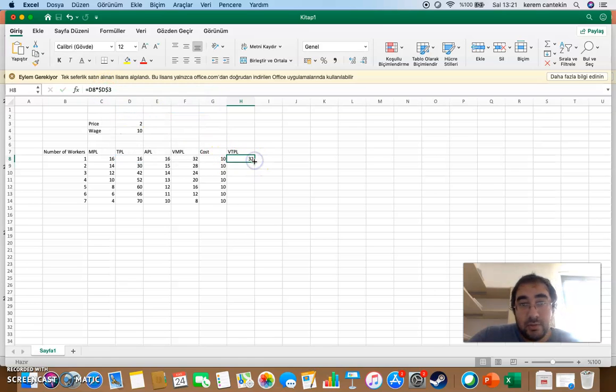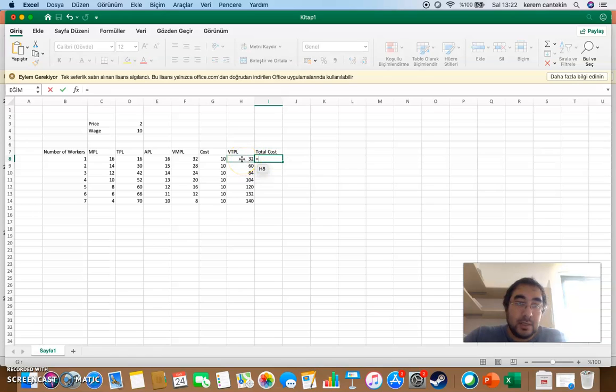So this is the revenue our company gets when it hires more workers, and we assume the capital costs are constant. So it might be $10. In order to calculate the total profit, you should also subtract that $10. So the total cost is, let's say, cost of labor times number of labor plus the capital cost, which is, let's say, $10.